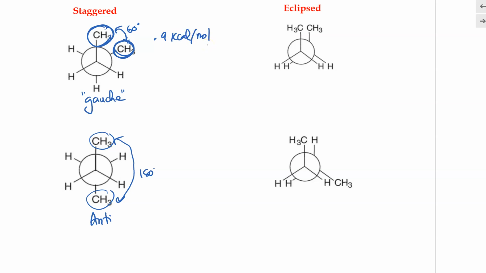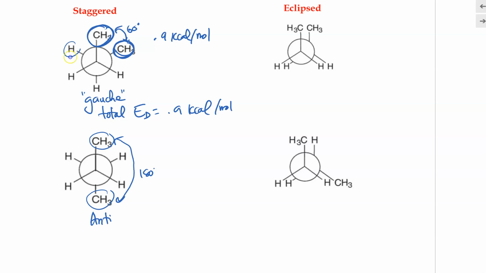So overall, we have these two CH3 groups that are gauche to each other, and that would then be the total destabilizing energy. So ED stands for destabilizing energy of this conformation, and in this case 0.9 kilocal per mole.